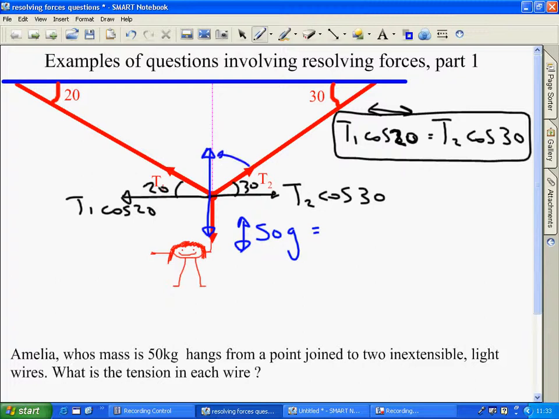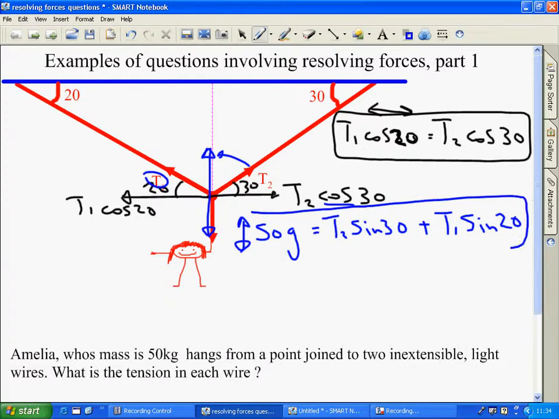This one was cos 30, so this one must be T2 sine 30, and similarly our other component T1 acting up is T1 sine 20. So if you look here, I have another equation in just T1 and T2.